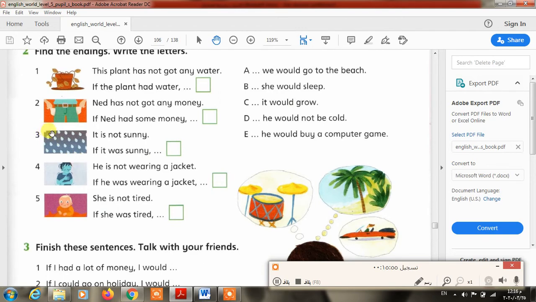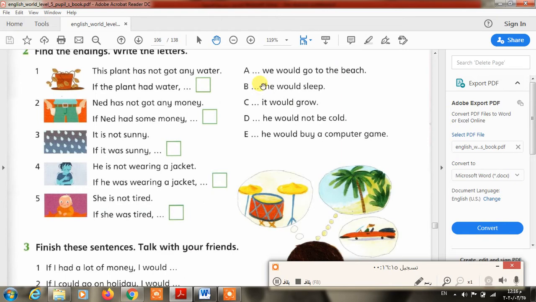Number 3, it isn't sunny. If it was sunny, excellent, you would go to the beach. If it was sunny, you would go to the beach.